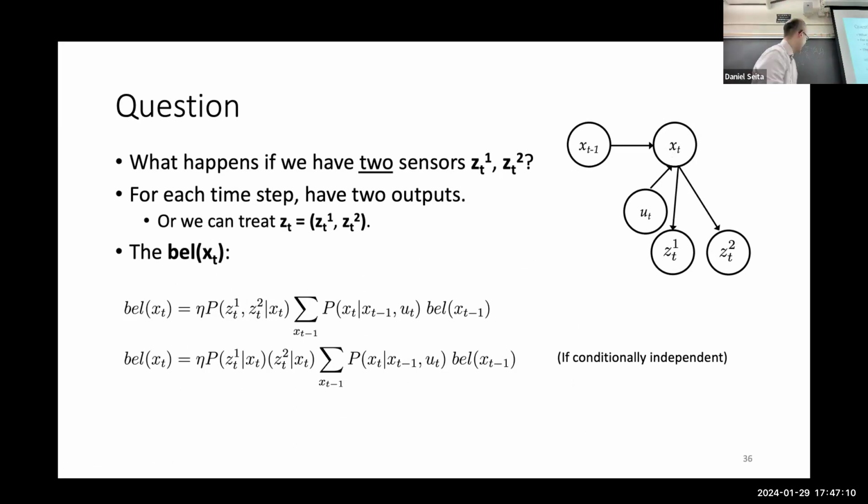You have the common cause, this thing goes to here. And then if you condition on this, they're independent. Any questions on that? All right.